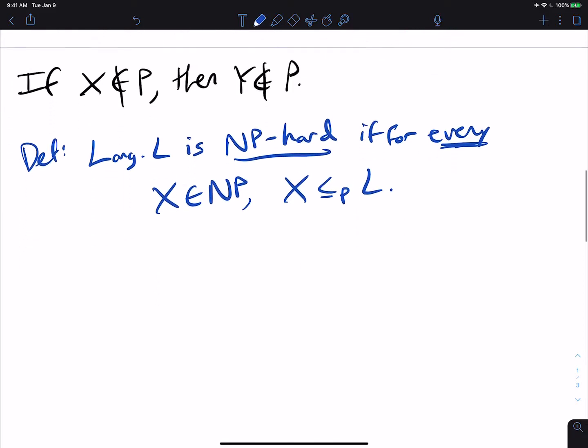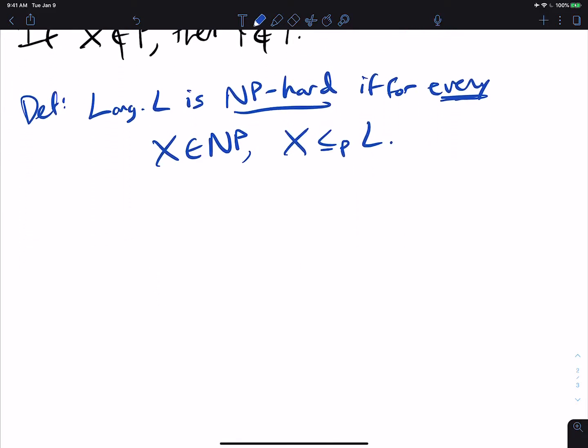But we have to amend the definition somewhat by introducing another one. Why is that? One could actually show that A_TM, that famous undecidable problem, is in fact NP-hard. And it's actually not too hard to show that, but I won't do that here. Because A_TM is undecidable, there's no chance that it's in P or even NP, because those just run in polynomial time, deterministic or non-deterministic.